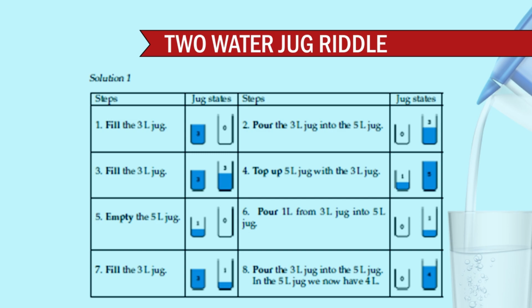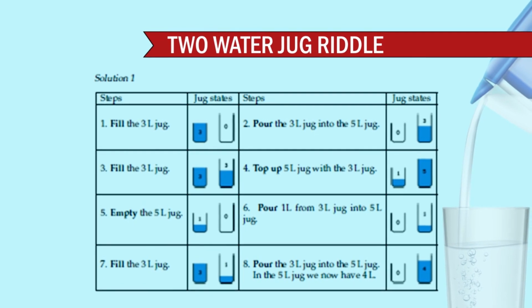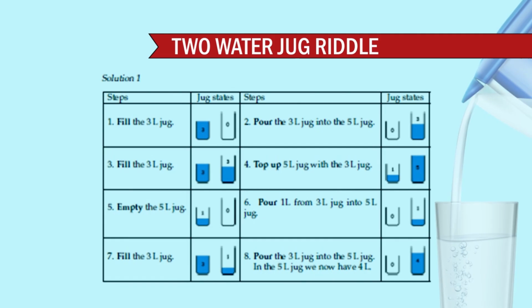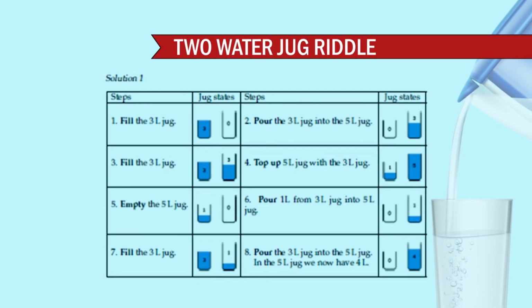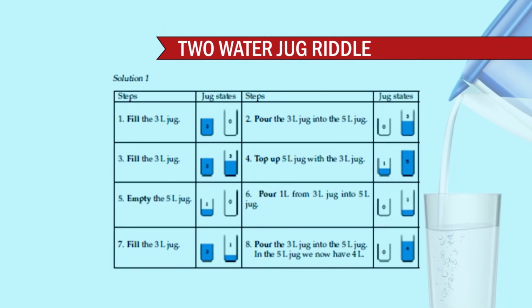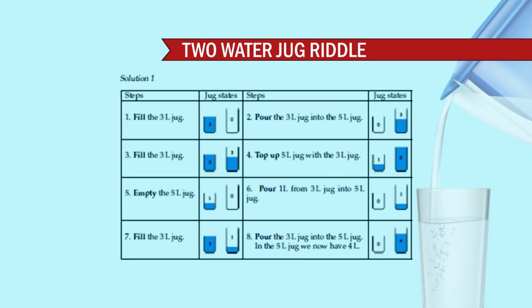Throwing away the 5 liter jug water, only 1 liter will remain in the 3 liter jug. That 1 liter of water can be transferred again into the 5 liter jug, and again the 3 liter jug will be filled, and this 3 liter jug will be transferred into the 5 liter jug. So, the 5 liter jug will have exactly 4 liters of water.